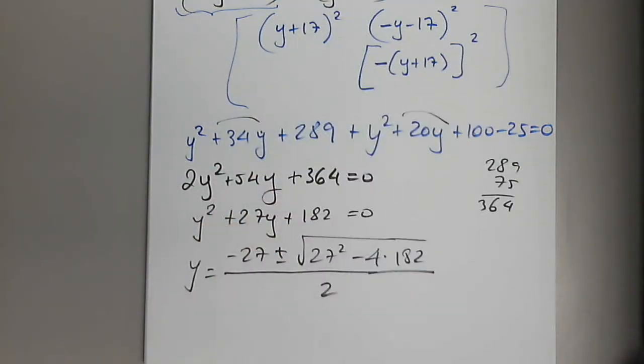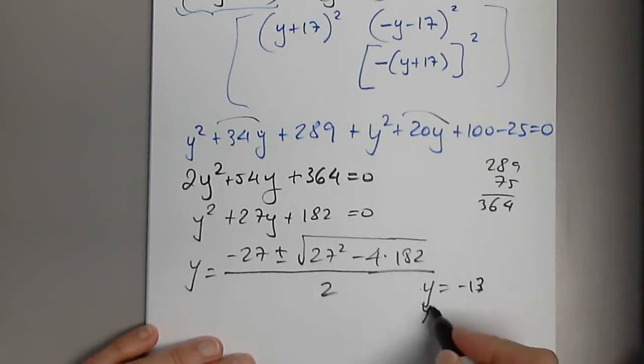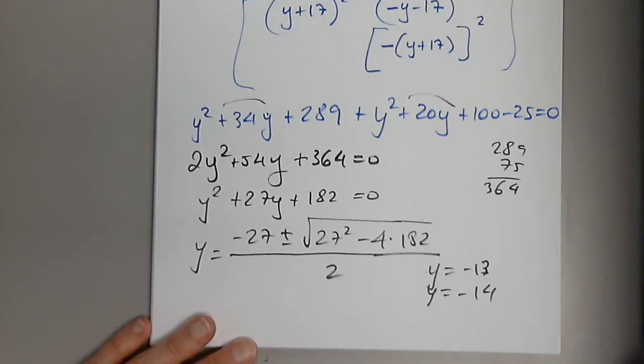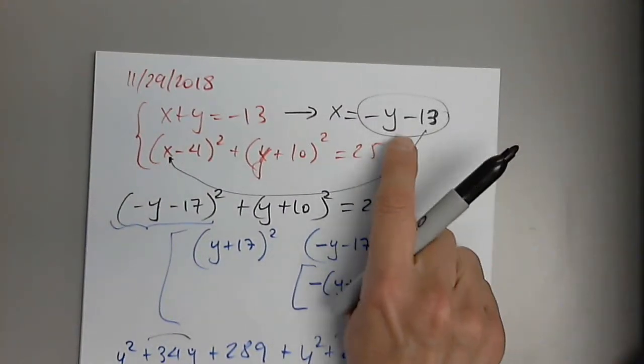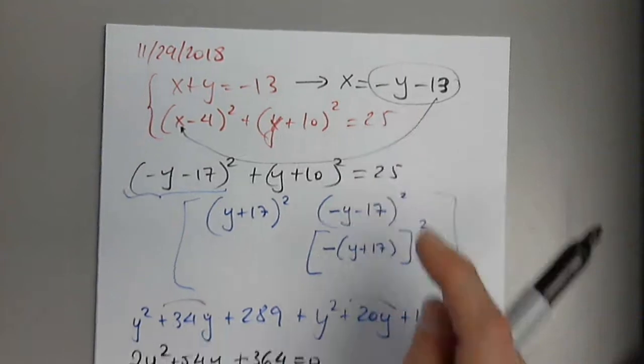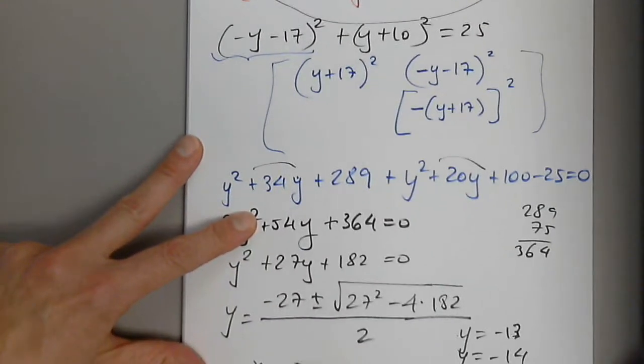Don't worry, we'll check it anyway. So y equals negative 13 and y equals negative 14. That's good, but that's not good enough, right? I have to come back in here and get x. So when y is negative 13, with minus in front, it is positive 13, and minus 13 is 0.